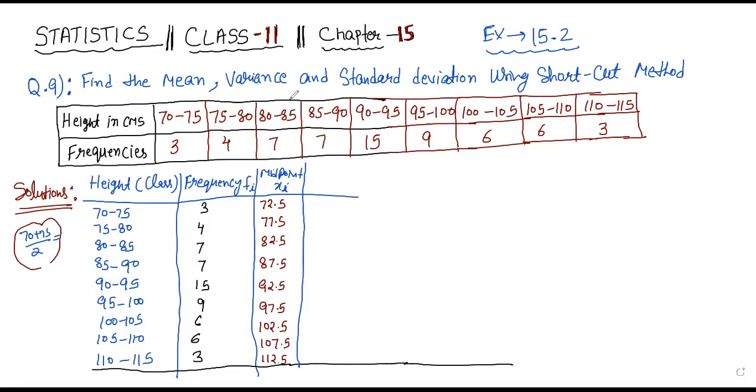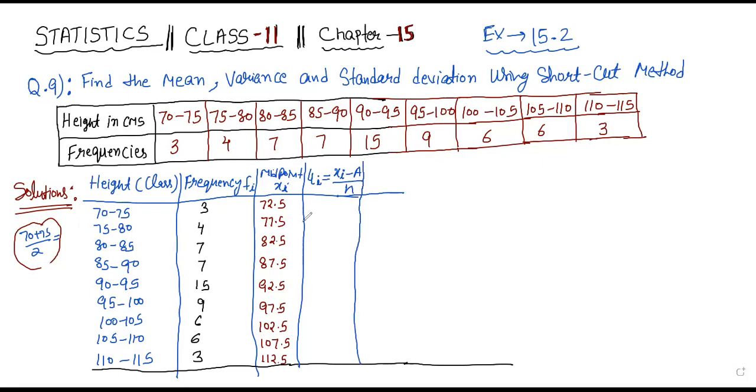Now we will find out the deviation. Because we have to solve by shortcut method, you need the deviation. So take ui equal to xi minus a upon h. What is a? A is the assumed mean.